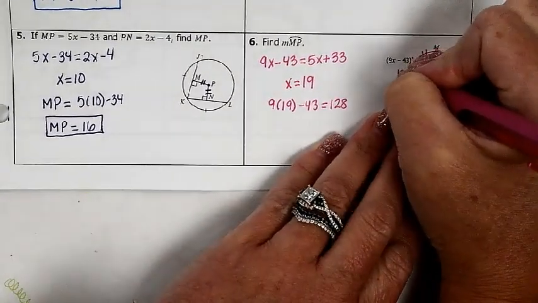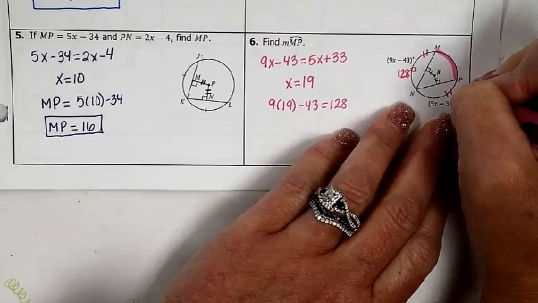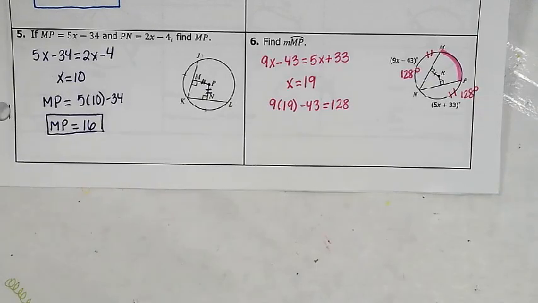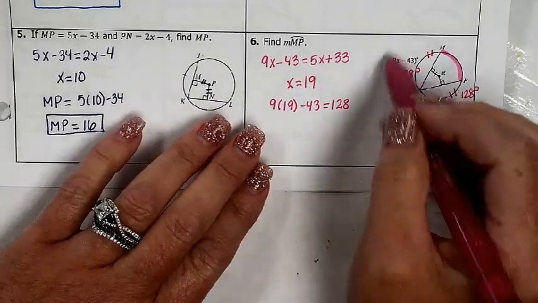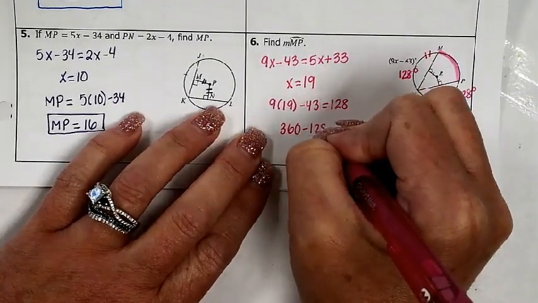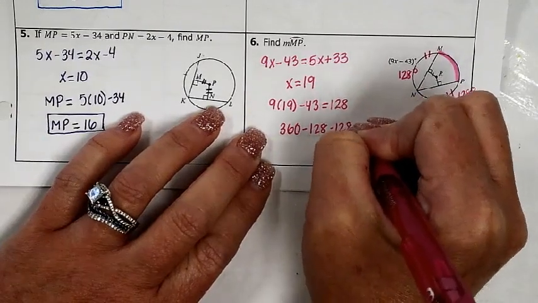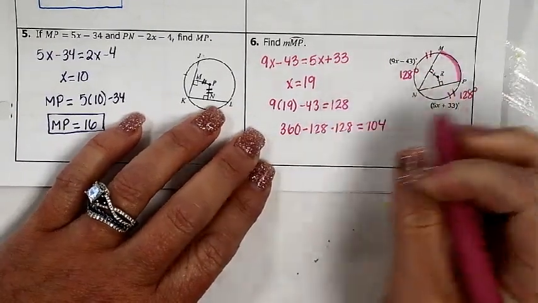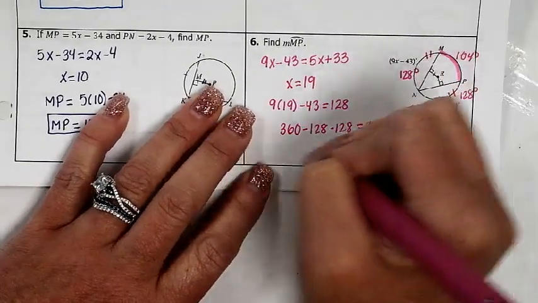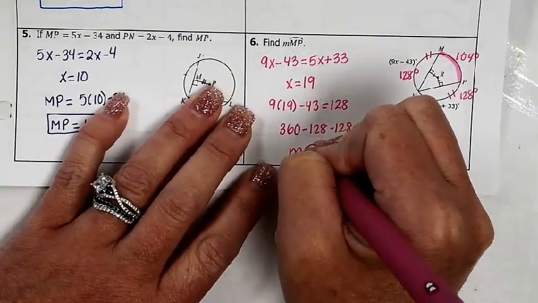This one should be 128 since they're congruent. Now to find the measure of arc NP, well, the sum is 360. So if you just do 360 minus the 128 minus the 128, you get 104. So that means that the measure of arc MP is 104 degrees.